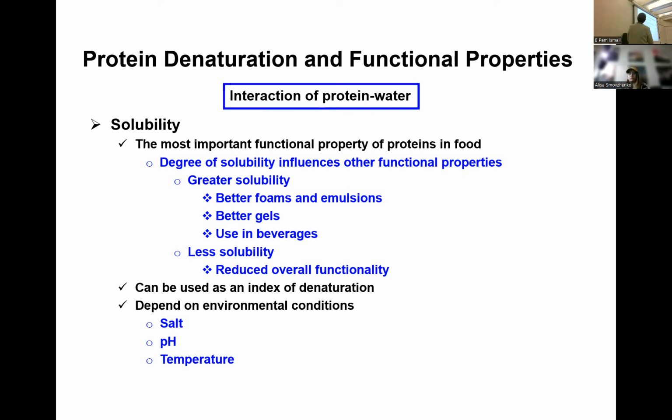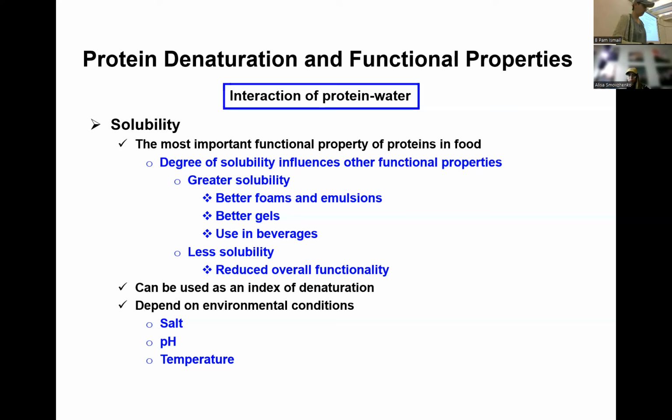Okay, so we want the protein to be soluble. If it's not soluble, you're not going to get your nice emulsion or foam or gel. Whenever there is an aqueous phase, you need the protein to be soluble to some degree in order for it to interact with the aqueous phase. So with lower solubility, overall functionality is reduced.